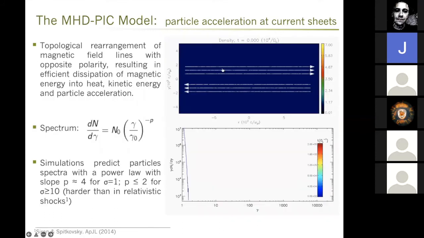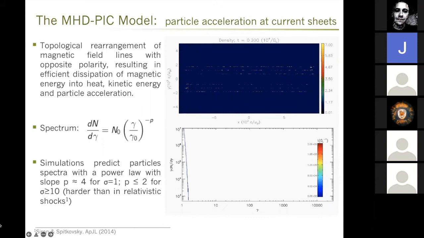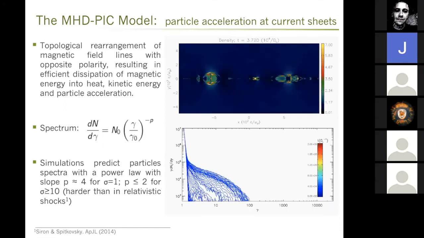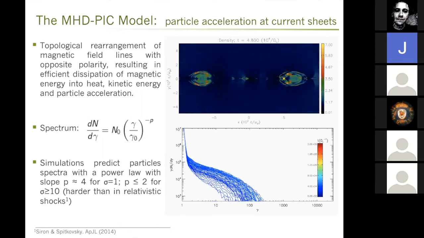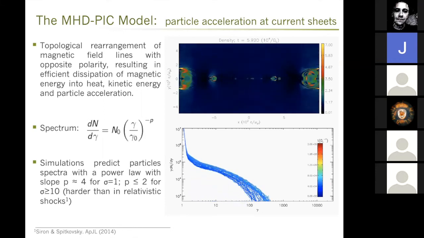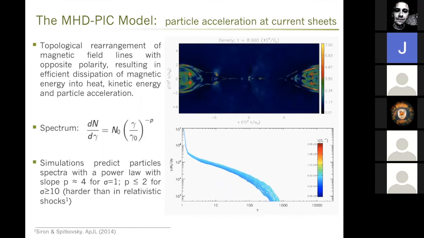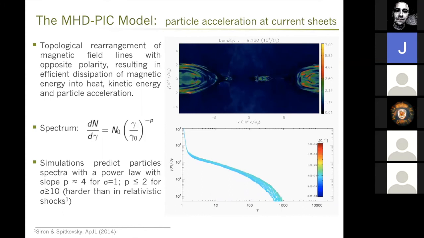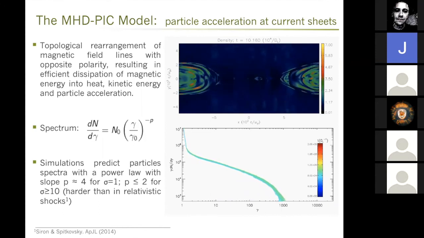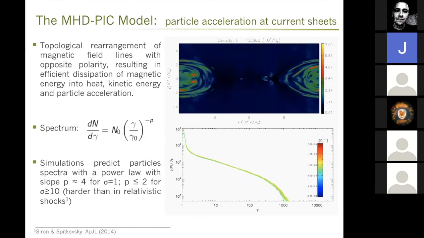There is also another very useful environment where we can use this approach, even just with the test particle without including any feedback on the fluid, and that is particle acceleration at current sheets. A current sheet is essentially a region of space where magnetic field lines with different polarities will reconnect because of a finite resistivity. That will release the structure that you can see on the top panel.